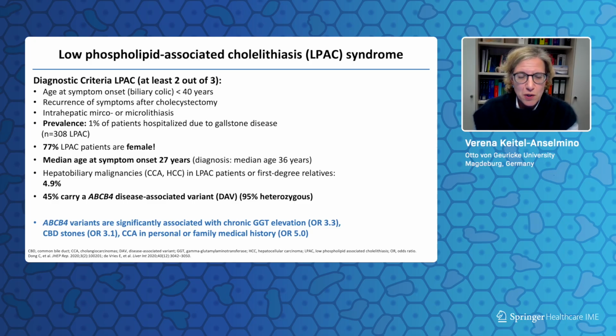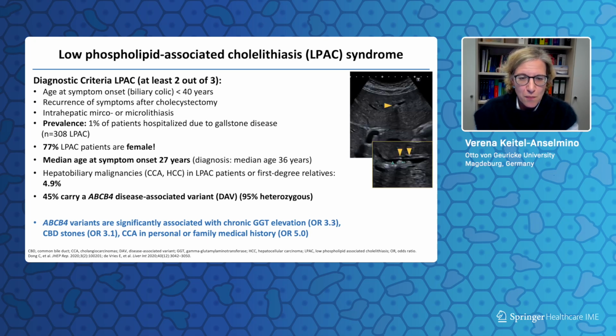And why should you look for these patients? Because in those families, there seems to be an elevated risk of hepatobiliary malignancy, and about half of these patients from these cohorts carry disease-associated variants in ABCB4. And if you look at these patients on an ultrasound, I brought you an ultrasound of one of my patients, you can actually find the microlithiasis. You find those stones and you think, oh, this must actually be the portal vein, but it's actually the bile duct and it's wider because of those stones.